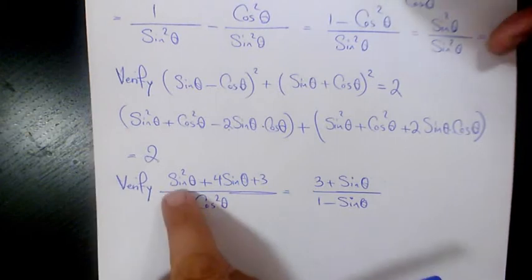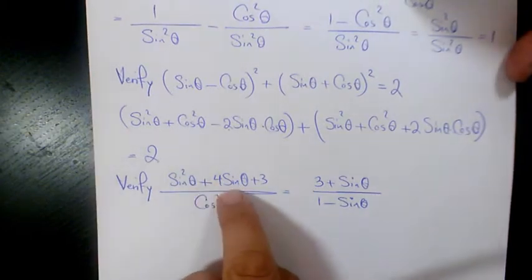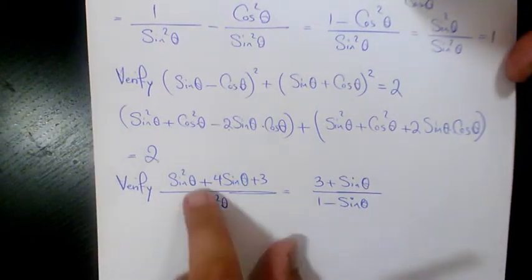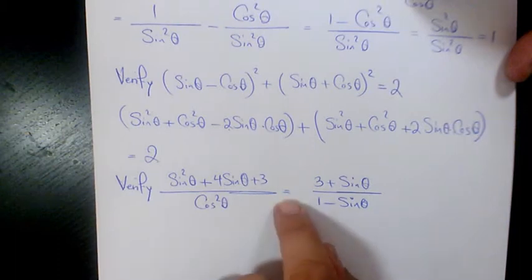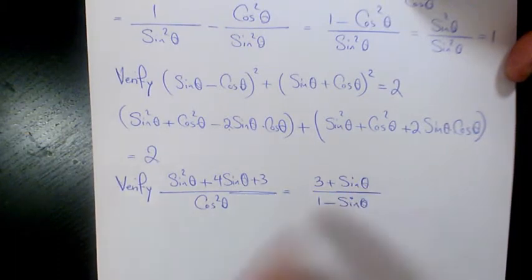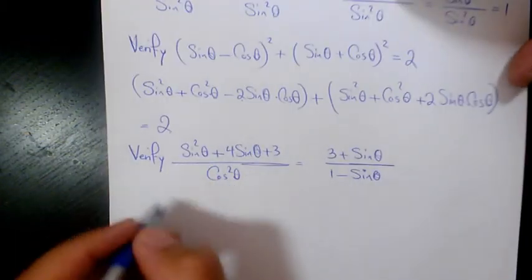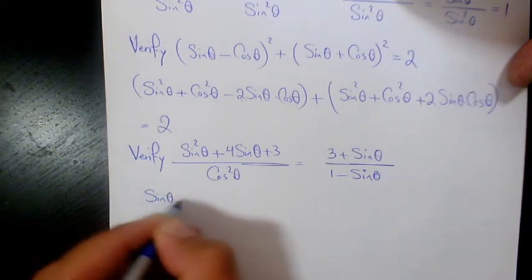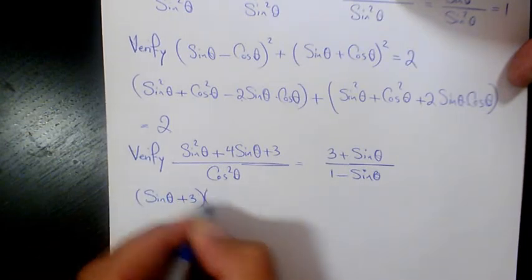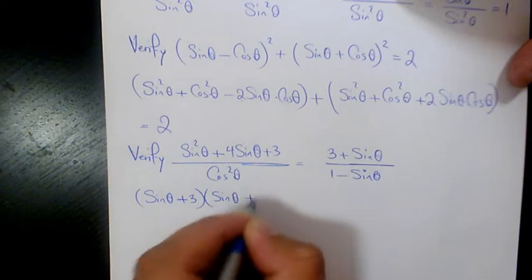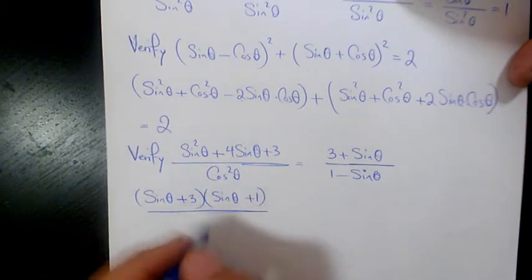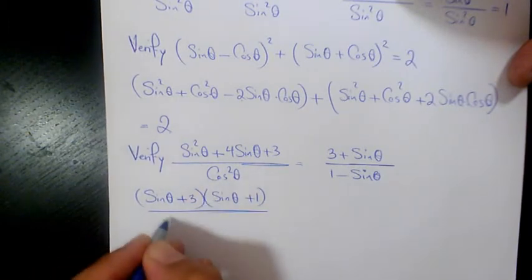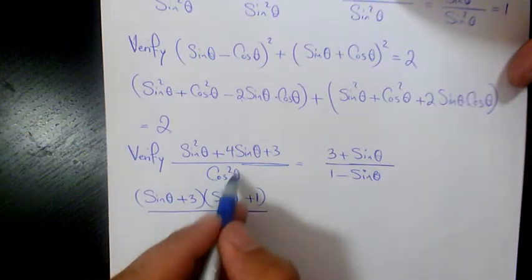Next one. It says sine squared theta plus 4 sine theta plus 3 divided by cosine squared theta equals 3 plus sine theta over 1 minus sine theta. When you factor that, it's going to be sine theta plus 3 times sine theta plus 1 over cosine squared theta, which we can write as 1 minus sine squared theta.